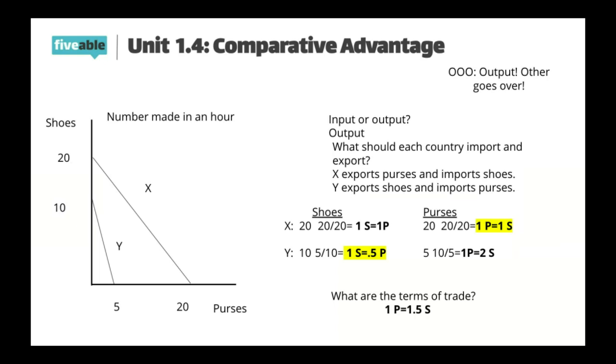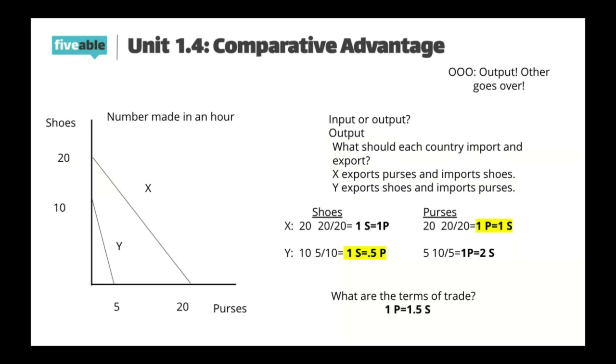Producing that one shoe costs country X 1 purse. Whereas for country Y, one shoe only costs them the production of 1/2 a purse. So who has comparative advantage here? Even though country X has absolute advantage, country Y has comparative advantage. That's why it's in yellow.